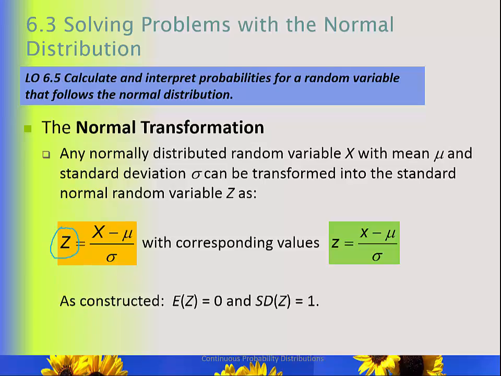We're taking our value that we're interested in right here, subtracting the mean from it, and dividing it by the standard deviation. So we are essentially looking to see how far our value is from the mean by using standard deviations.